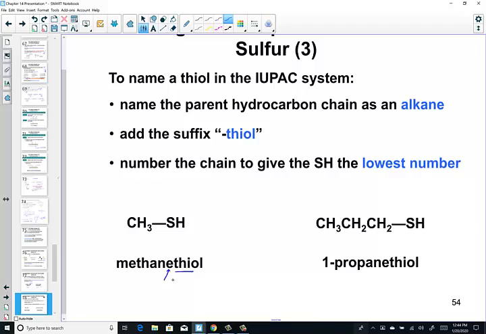Notice we're not dropping the letter E. We're saying the alkane parent name as is, and we just add on the ending thiol. Methane thiol, all one word. 1-propane thiol, all one word. This would be called 2-propane thiol. And that tells me the SH functional group is on carbon 2 of a 3-carbon chain.